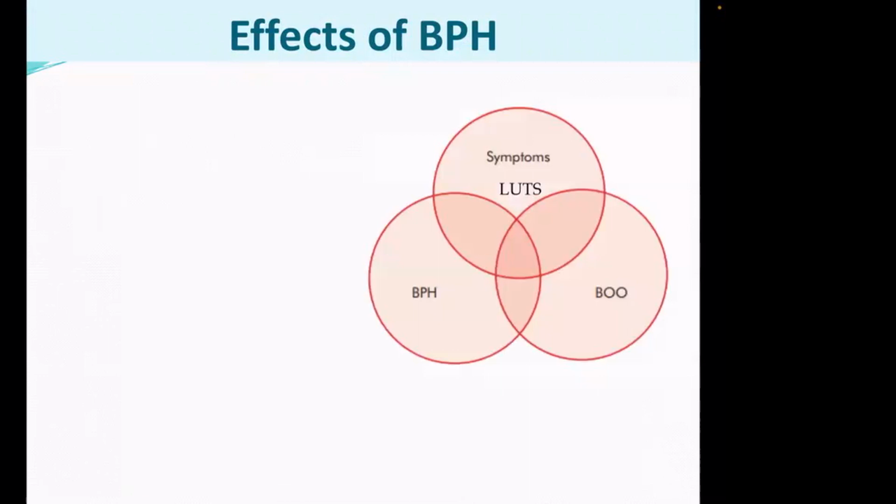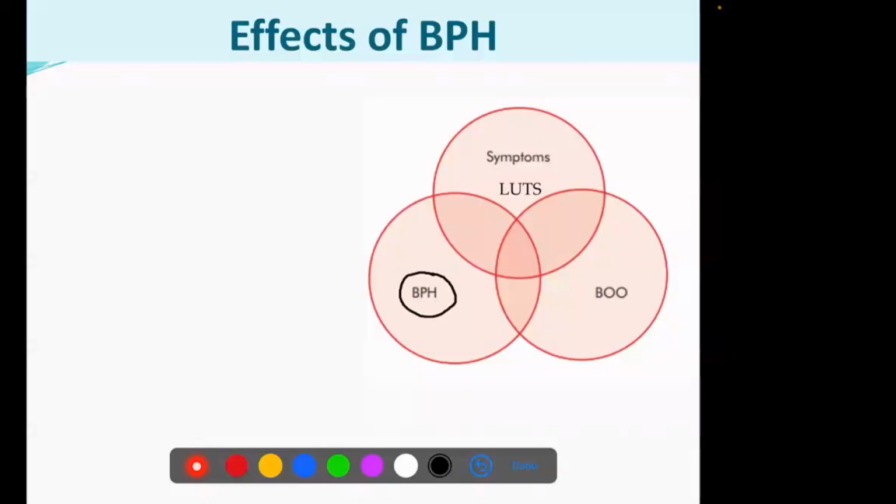Whenever a patient of BPH comes to you, they may have various kinds of clinical features. Sometimes a patient of BPH, that is an enlarged prostate, will not have any symptoms. The gland is enlarged, but no symptoms are seen. But mostly the patient of BPH will have symptoms, that is LUTS, known as lower urinary tract symptoms.